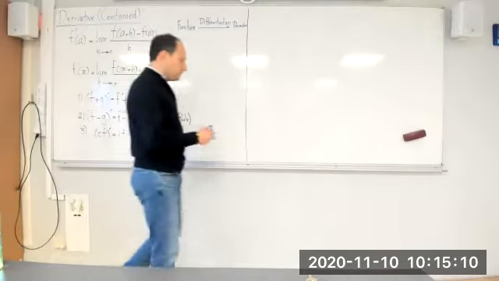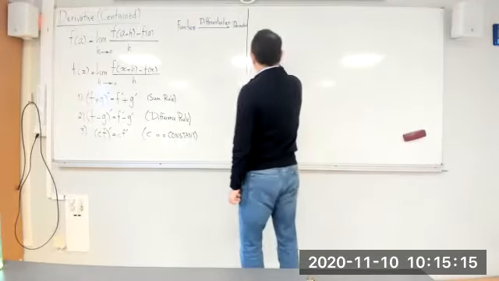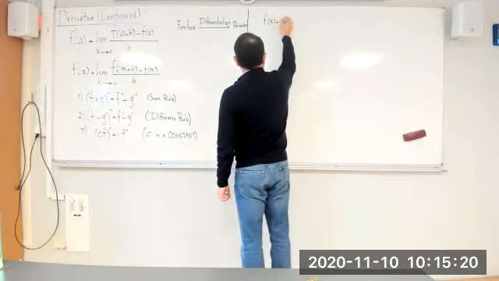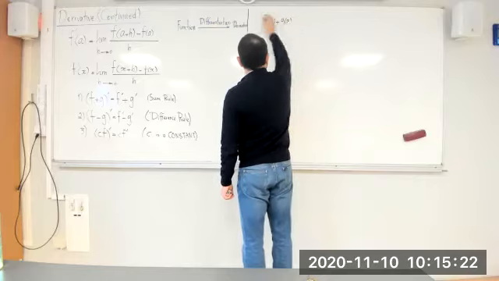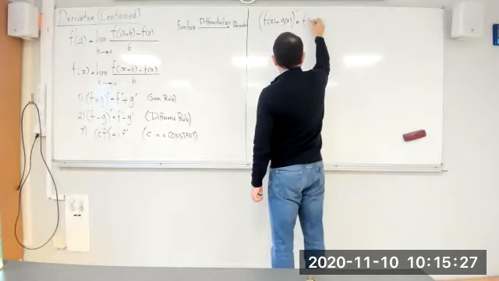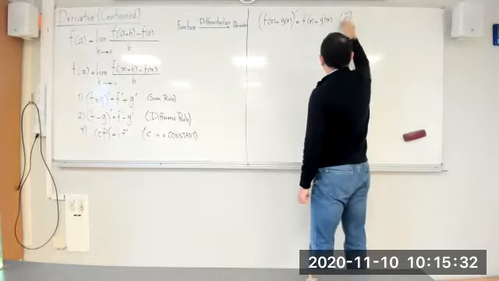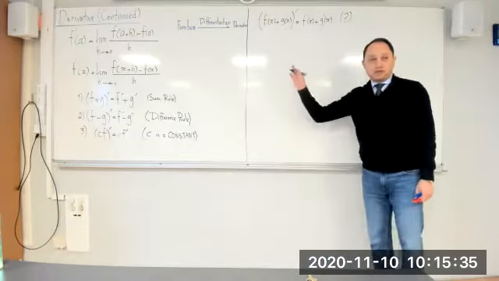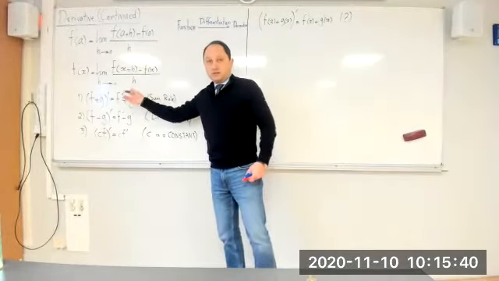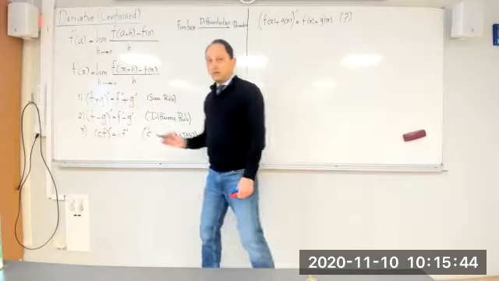I want to prove that if I have f of x plus g of x and take the derivative, it becomes the derivative of the first one plus the derivative of the second one. I just want to investigate why this rule is correct, even though it might seem very obvious, but I'm telling you that this is not trivial at all.